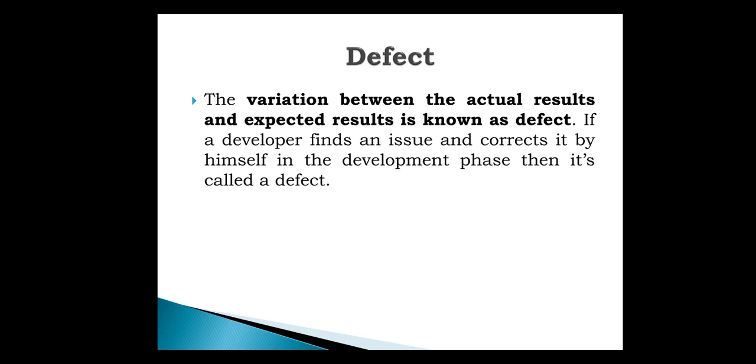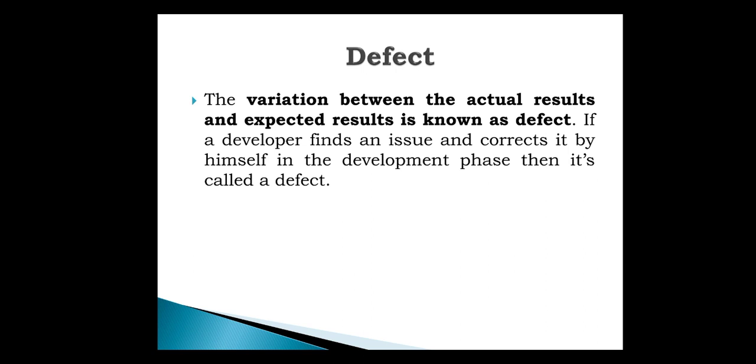We prepare test cases while the piece of code is ready to execute. We apply those test cases on the application by passing the inputs and executing the application, and whatever the result of that execution is, it is the actual result.